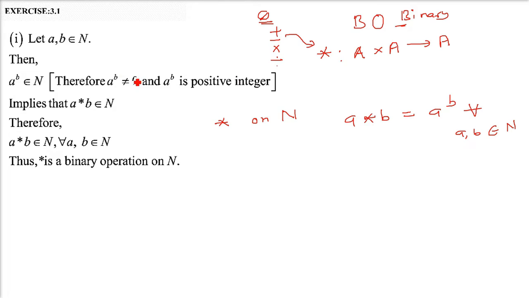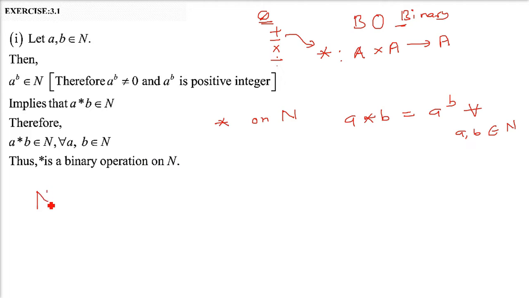Now it is in your hand whether you want to show it like this, as you are seeing in the solution, or you can also solve it using an example. If you are able to show it in either way, you can do it.